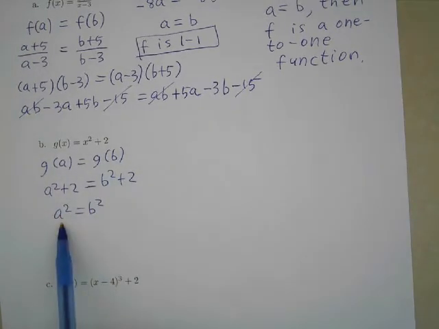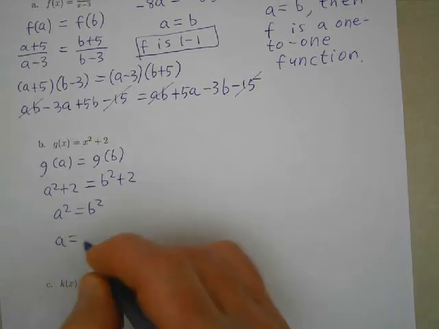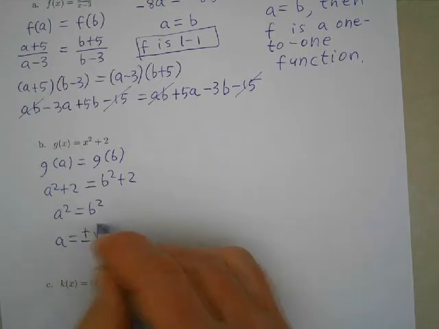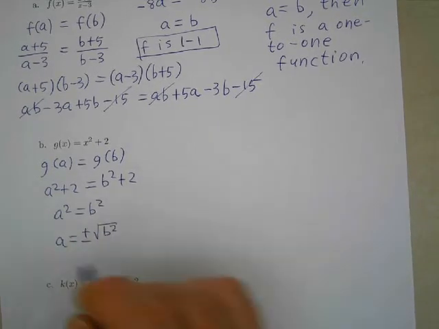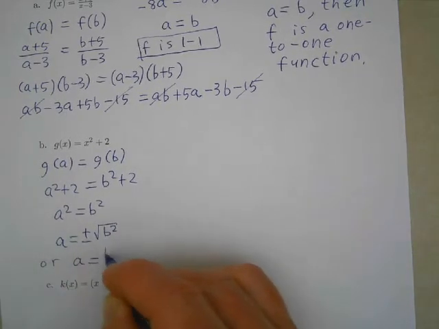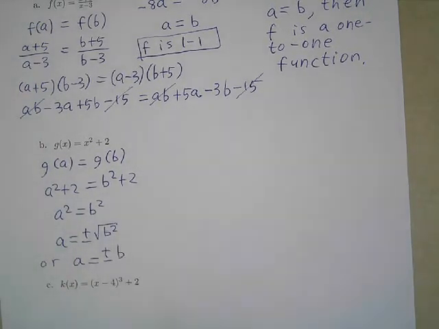And then if we solve for a using the square root property, we get a equals positive and negative square root of b squared, or a is equal to positive and negative b.